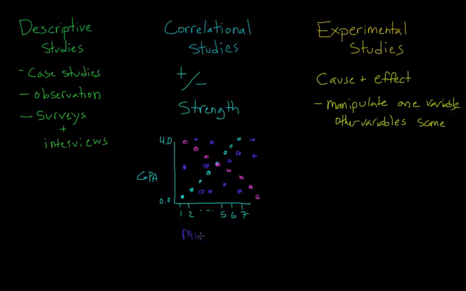It's easy for us to say that somehow listening to music is what's affecting the GPA scores, or what's driving the GPA scores, but maybe it's exactly the opposite. Maybe people who are naturally good students don't really like to listen to music, and maybe people who are poor students, they don't want to bother, so they like to listen to music while studying because they're not really going to focus on it anyway.